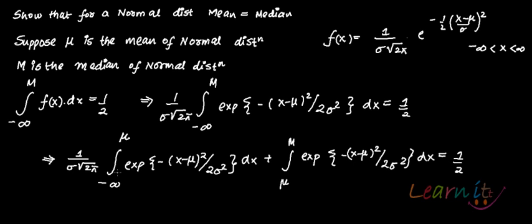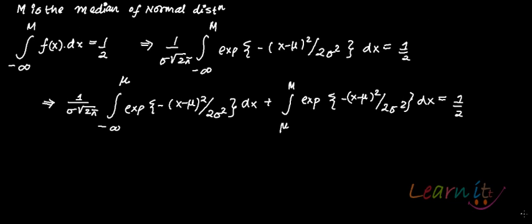So this implies that you've broken this integral from minus infinity to m into two integrals. Supposedly if mu lies below m, you can decompose this integral into two integrals: from minus infinity to mu and then mu to m. And you have to remember that for a standard normal variate, the integral from minus infinity to mu should be equal to half.